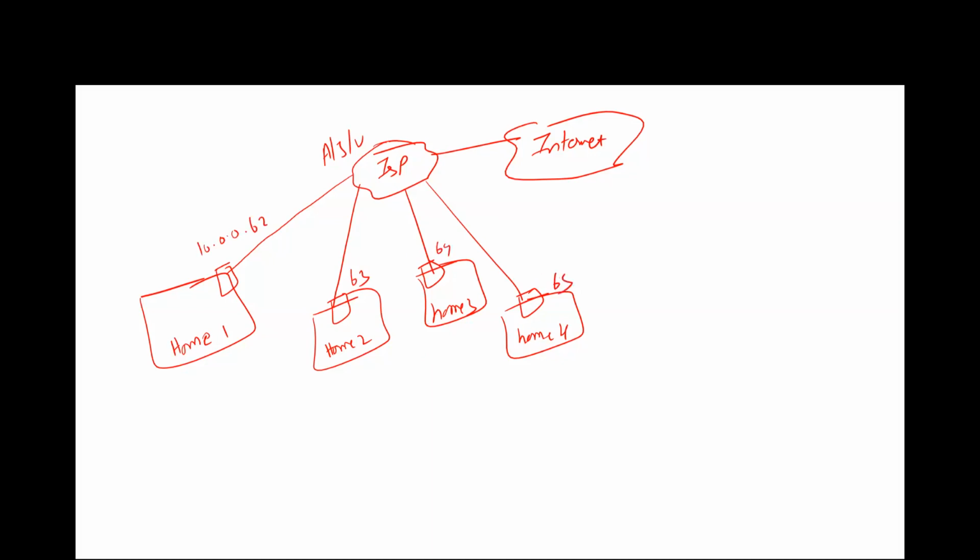Now, whenever you try to access the internet, maybe you are reaching Google, Facebook, YouTube, Twitter, Instagram, whatever server you're trying to reach, the request is initiated with the private IP address, whatever is assigned on your router. Is that correct?